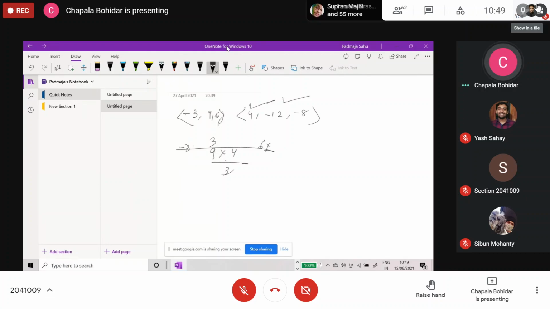So now, chapter 24, then question 29. Find the acute angle between the lines 2x minus y equal to 3 and 3x plus y equal to 7.